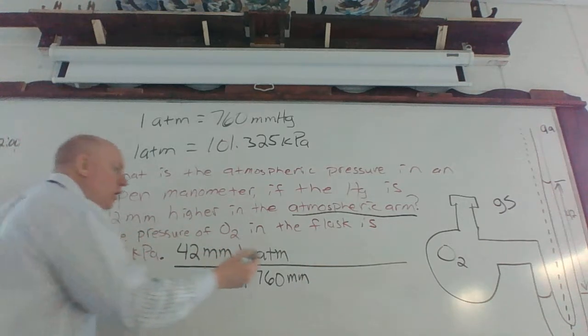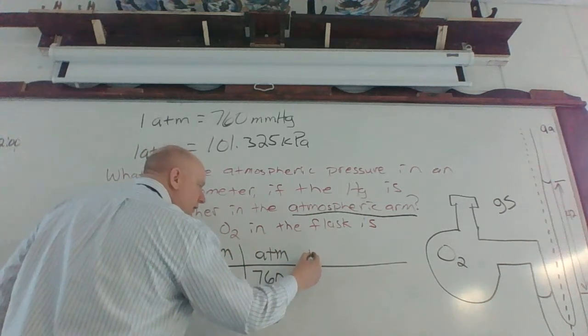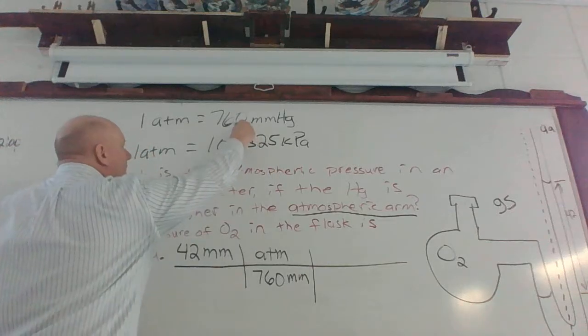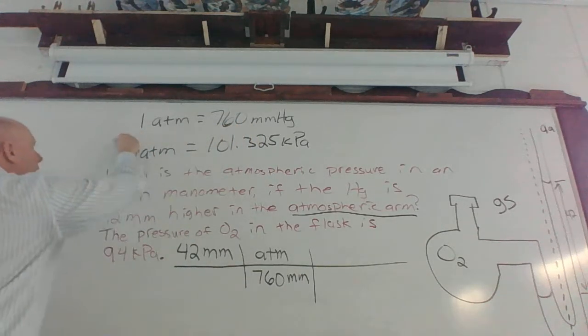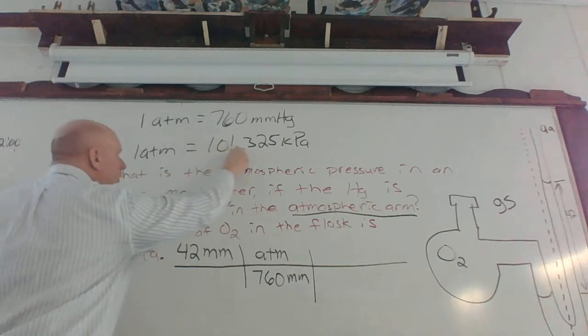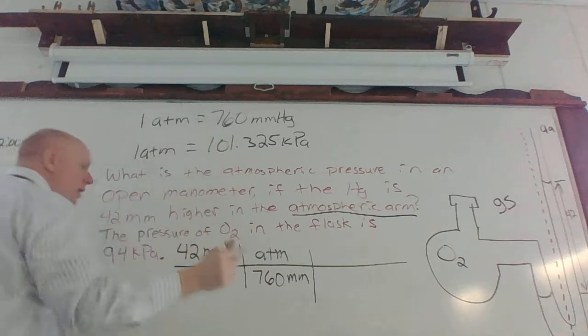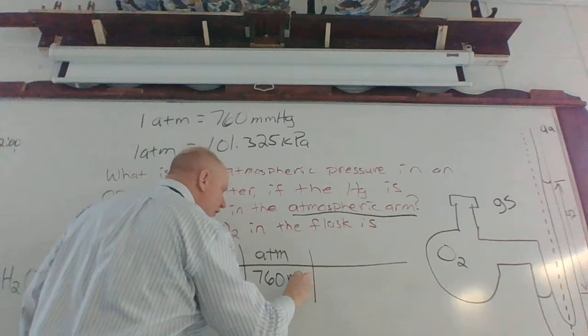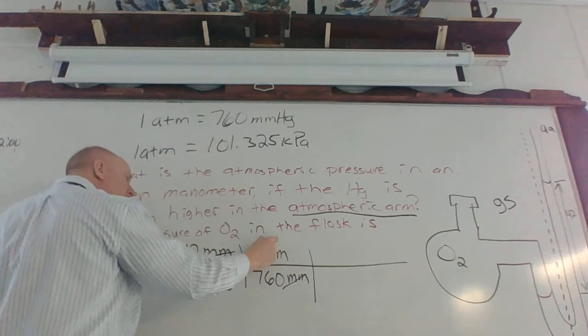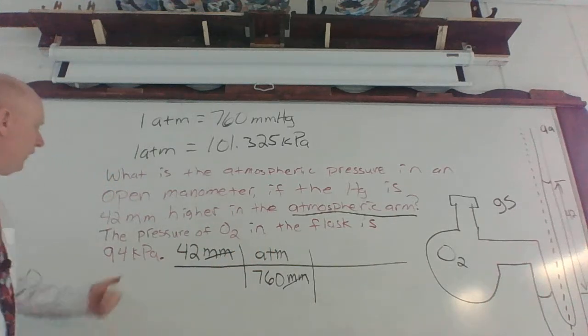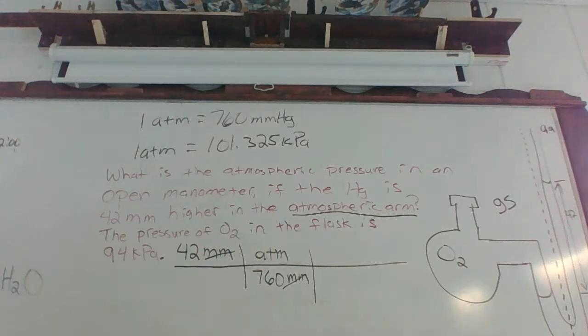Okay, so we are now in atmospheres. So we've made our way from here. Now we can get into kilopascals by making this correction. So these are gone. Now, how do we get rid of that atmosphere? Because we don't want atmospheres, we want kilopascals.